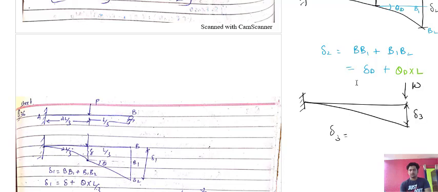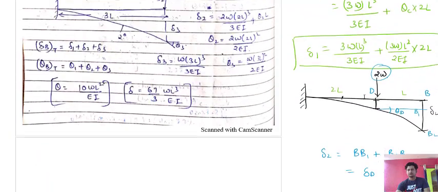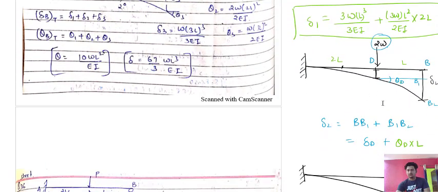For calculating the value of delta 3, as this is a standard case that the cantilever is having a point load at the end, it will be W L cube upon 3EI, and the L value is now how much? Here the L value will be 3L, L plus L plus L, and here I have this value.